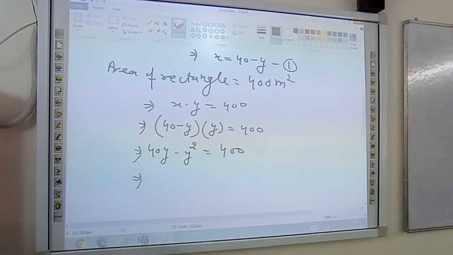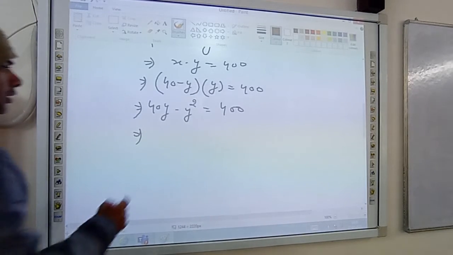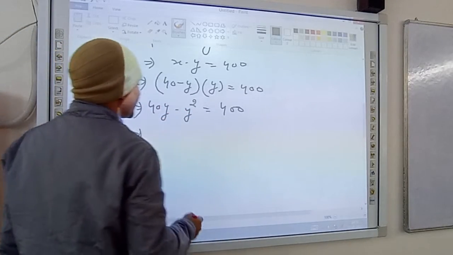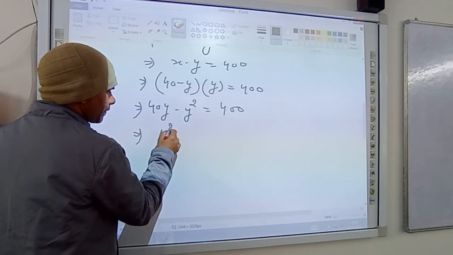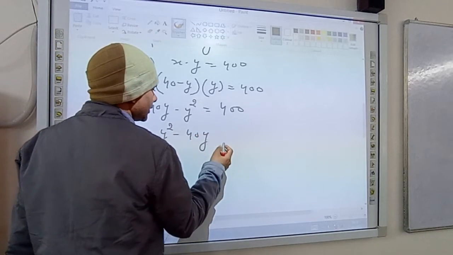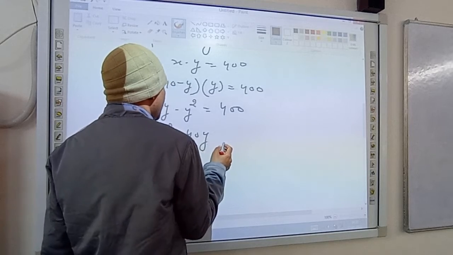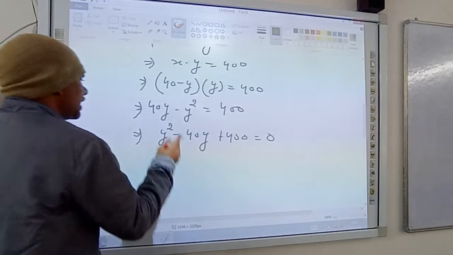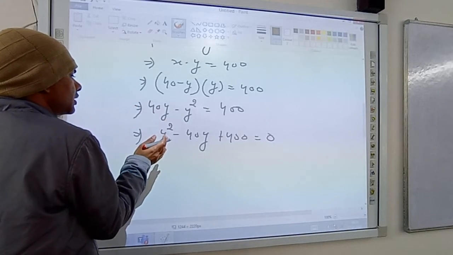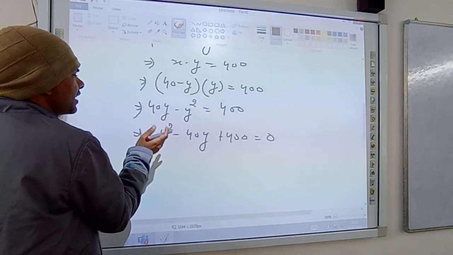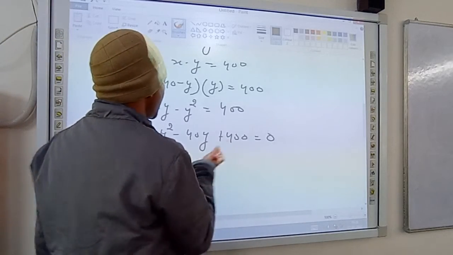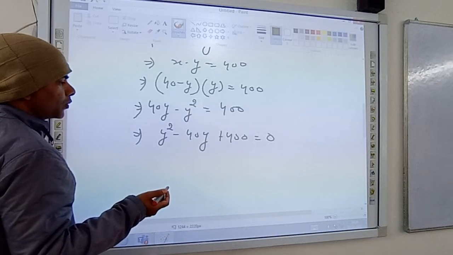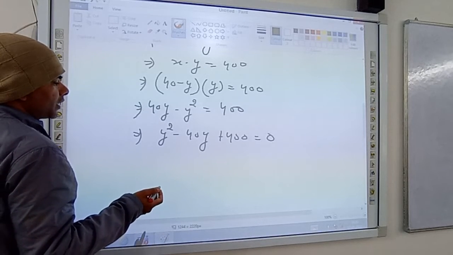Now we transfer minus y square from the left hand side to the right hand side. It becomes y square minus 40y plus 400 equal to 0, because when we transfer, minus y square becomes positive and 40y becomes negative.